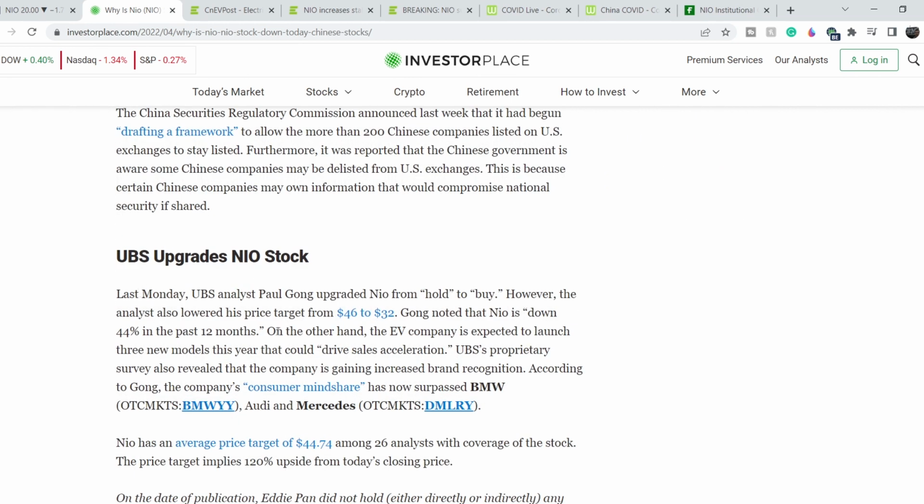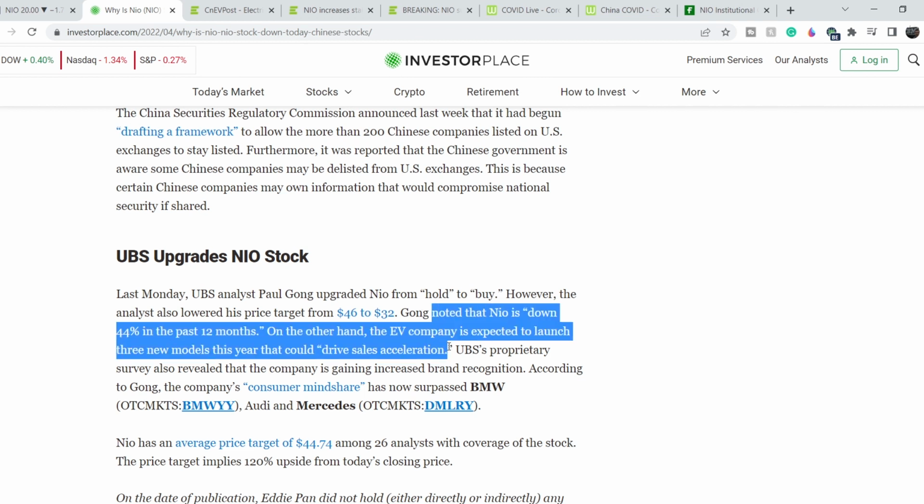On top of that, right here, as you can see, we have a new price target from UBS analyst Paul Gong, and he cut his price target from $46 to $32 with a buy rating. Let me quote you his comment. He noted that NIO is down 44% in the past 12 months.